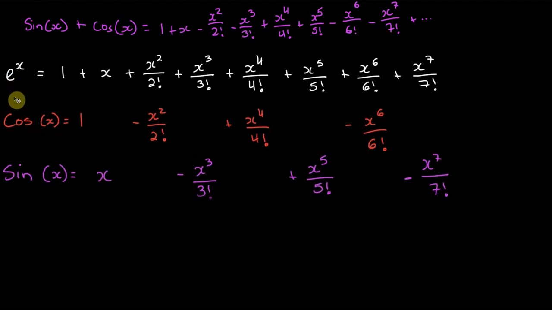So what we arrive at is that when we add the polynomial representations of the two fundamental trigonometric functions together, sine of x plus cos of x, we arrive almost exactly at the polynomial representation for e to the power of x.